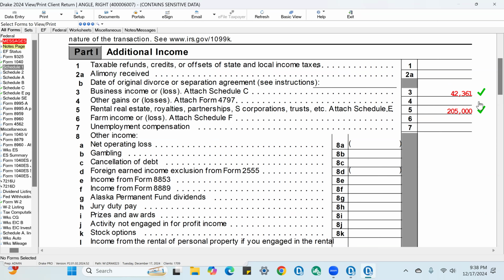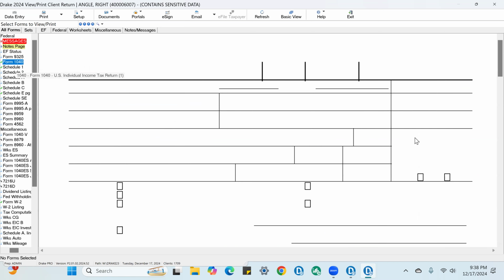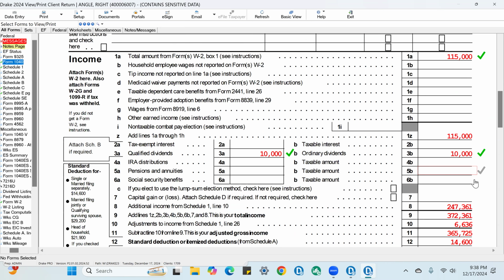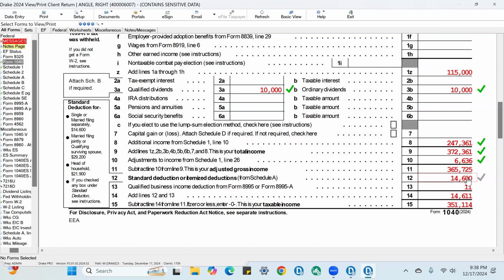Those total together will come to here, and you add it all up together, this 372,361. Now, on Schedule 1, there's the self-employment tax, half of it is a deduction. Now, standard deduction, and there's also QBI.